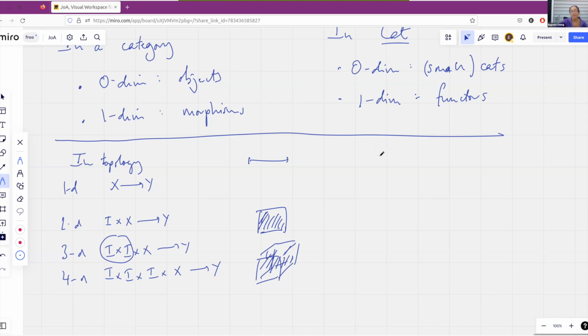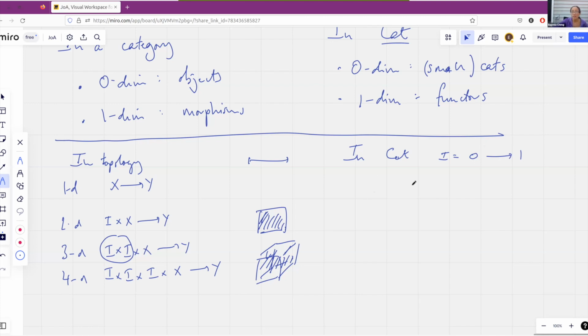Whereas in categories, if we take I to be the quintessential arrow category, and actually someone asked about this and asked whether 0 and 1 are the terminal and initial object. They're just labels in this category, but they happen to be the initial object and terminal object in this category as well.